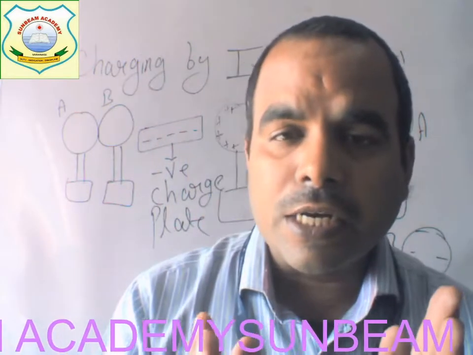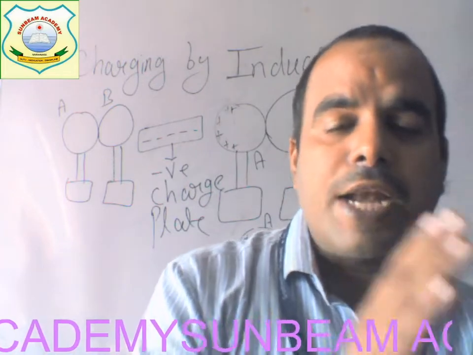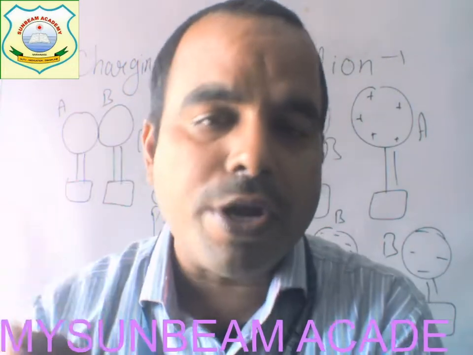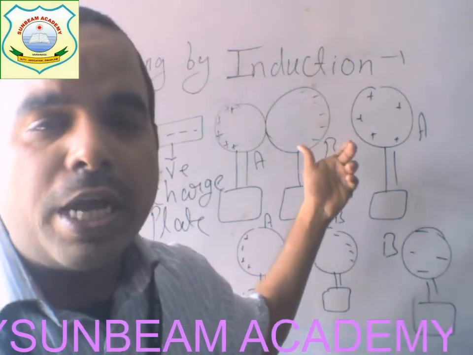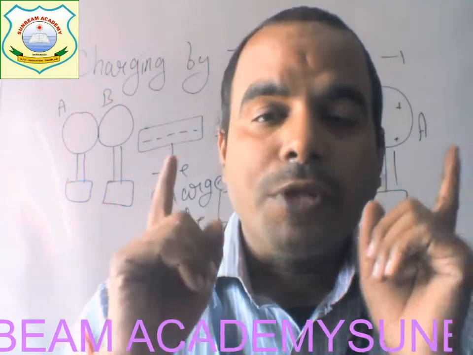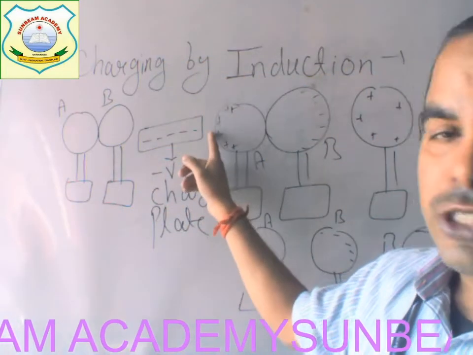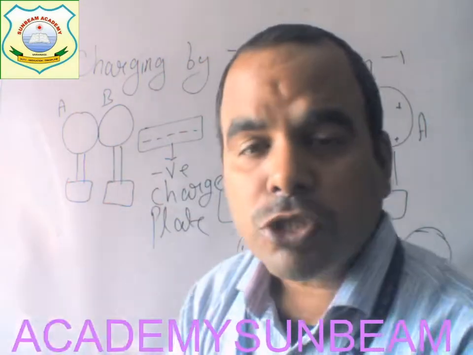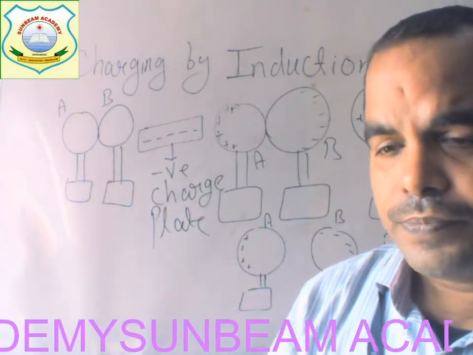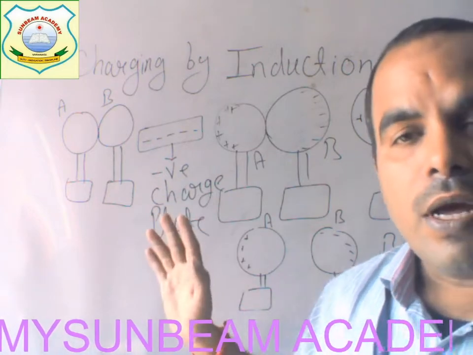In conduction, we can charge an object when the two things are in direct contact. But in induction, we can charge the two objects without actual touching, without actual contact with each other. Clear? Now we are going to the next topic.